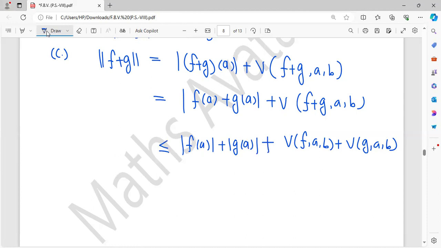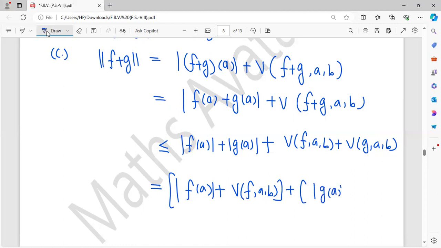So what can I write? The absolute value of F(a) plus the variation of F on [a, b], you combine this part, plus the absolute value of G(a) plus the variation of G on [a, b]. So what is this and what is this?